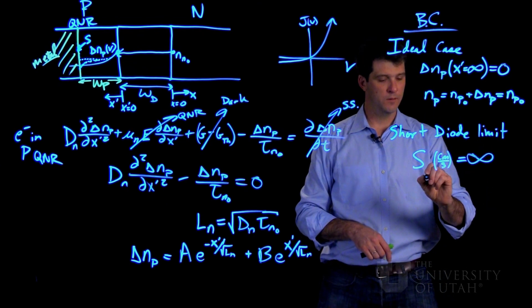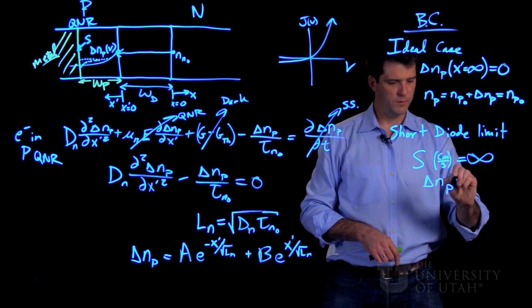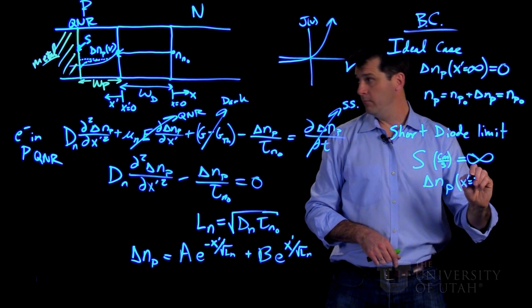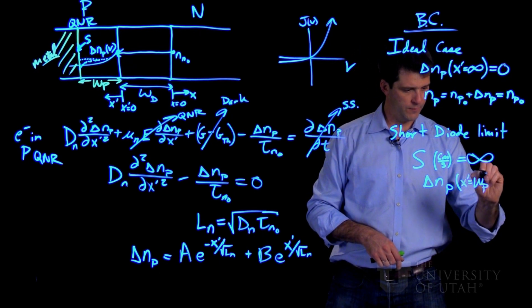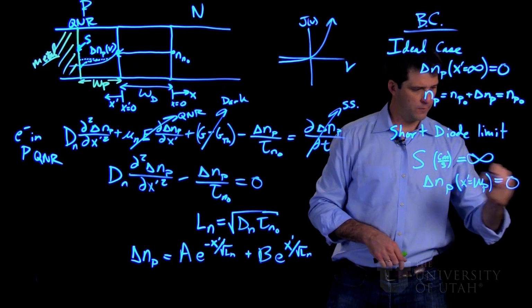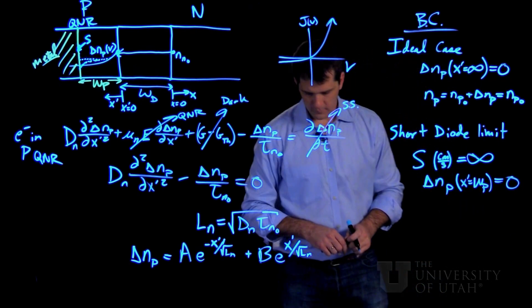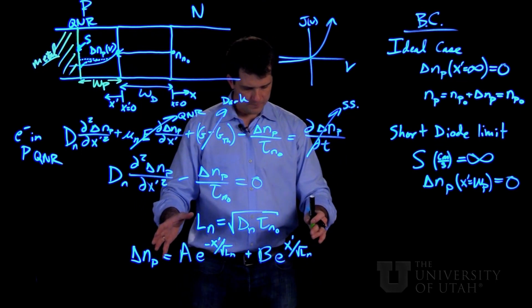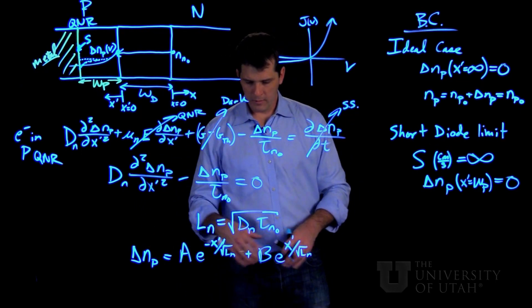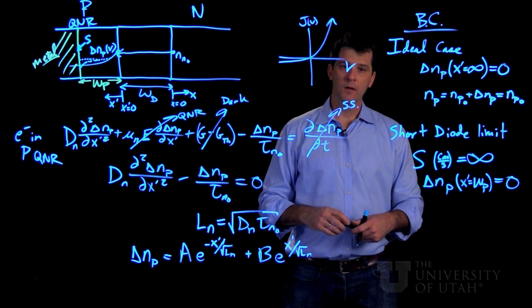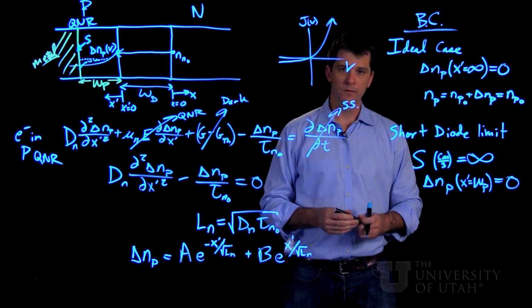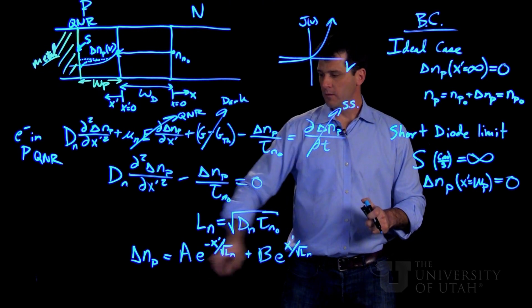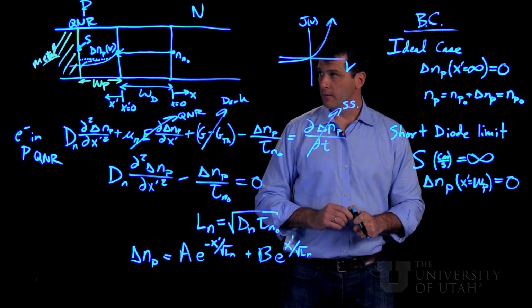And that means that our delta n of p evaluated at x prime equals WP, the width of the p-type region, has to go to 0. So if we apply that, we end up getting an expression that involves hyperbolic sine functions for the delta n as a function of distance.